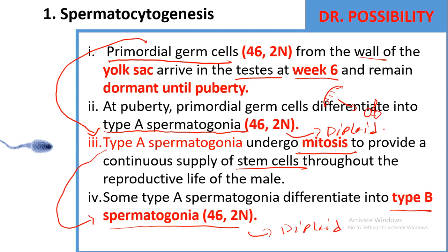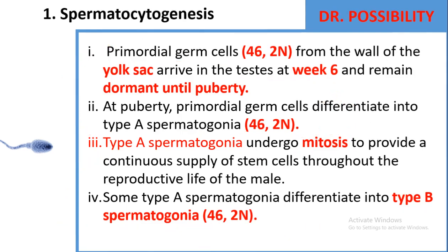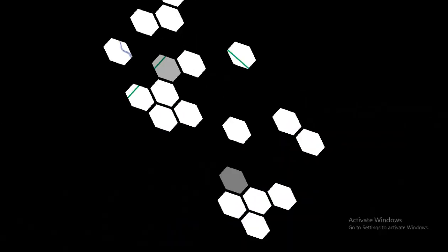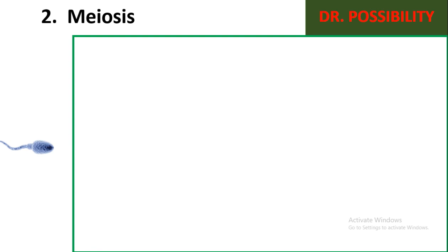So this type B now is going to change. It's going to undergo the process of meiosis, and that will give us our second phase. So let's quickly look at our second phase. Our second phase is meiosis.